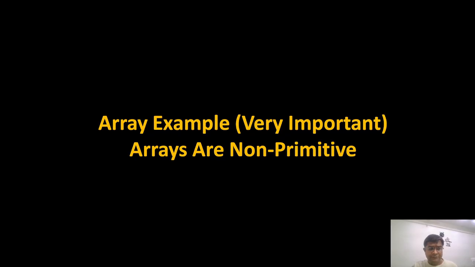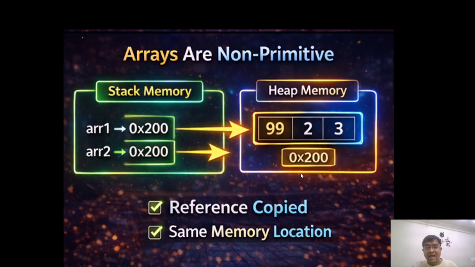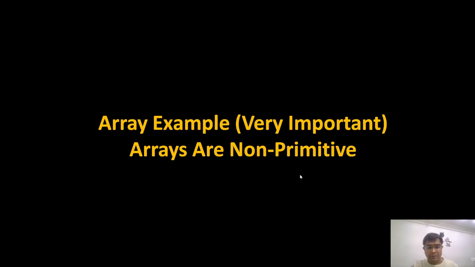Now we will be moving on with the array example here. It's very important to know that arrays are a non-primitive data type. Now let's quickly see the behavior of the arrays here. Basically, arrays behave like objects in Java.